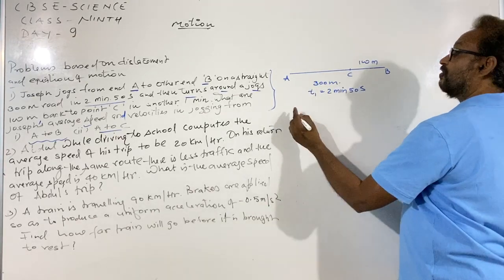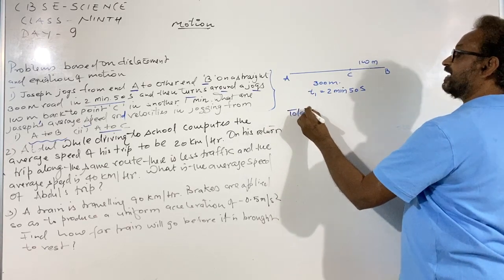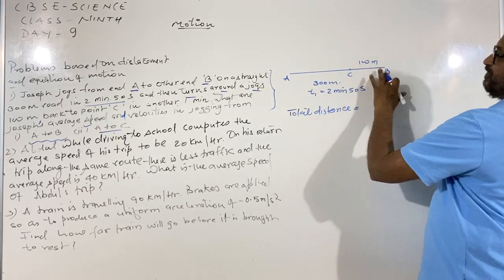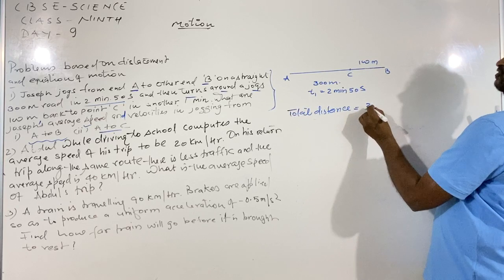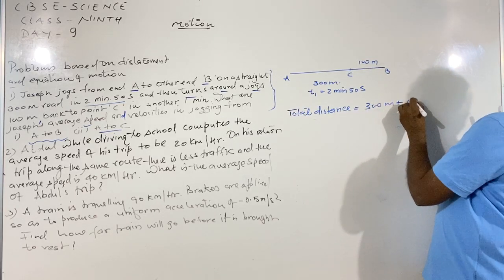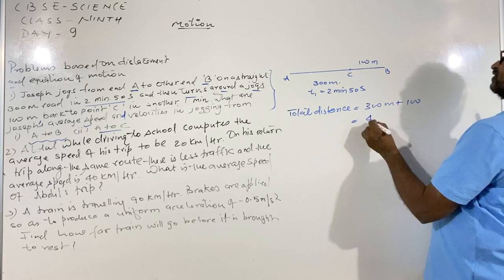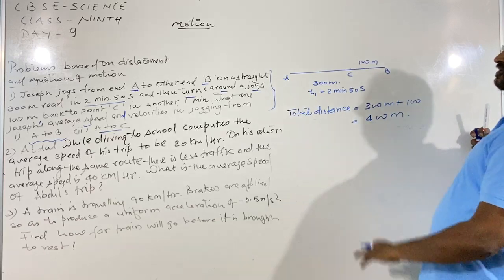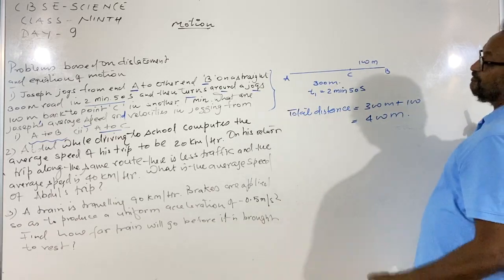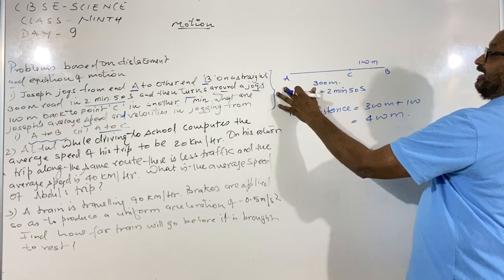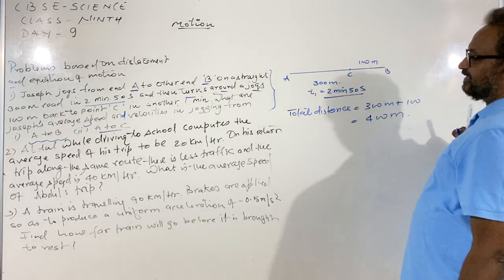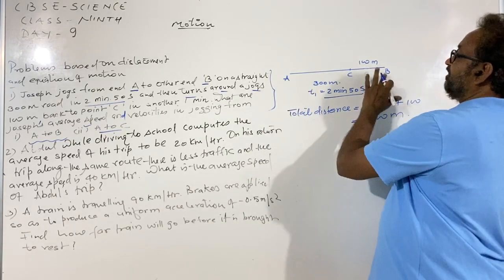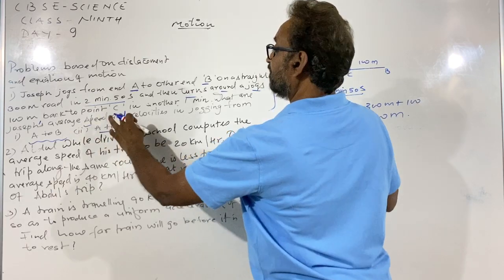For A to C, total distance is equal to AB plus BC, that is 300 meter plus 100 meter, that is 400 meter. Now total time, the time for A to B is 2 minutes and 50 seconds, that is 170 seconds. And for B to C, the time has been given 1 minute.